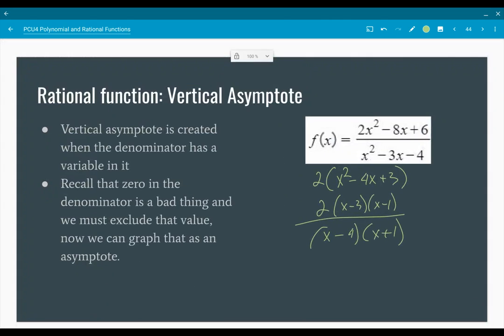Okay? So it factors into that. So in this case, we end up with 2 vertical asymptotes, one at 4 and one at negative 1, because that's what makes the denominator 0.